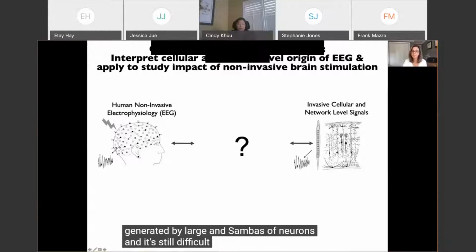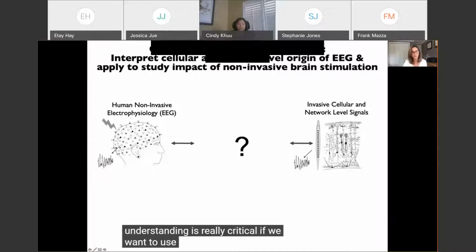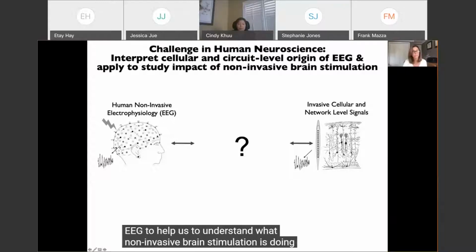And it's still difficult to infer what's going on at the underlying cellular and circuit level. This circuit level understanding is really critical if we want to use EEG to help us understand what non-invasive brain stimulation is doing to neural circuits, and ultimately to help us design better stimulation protocols.